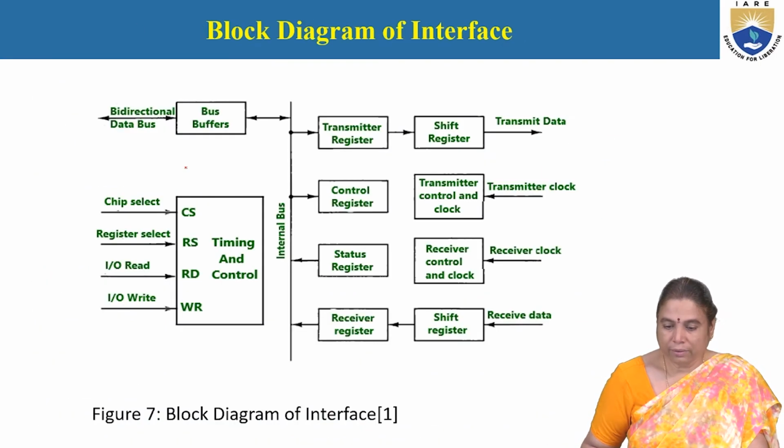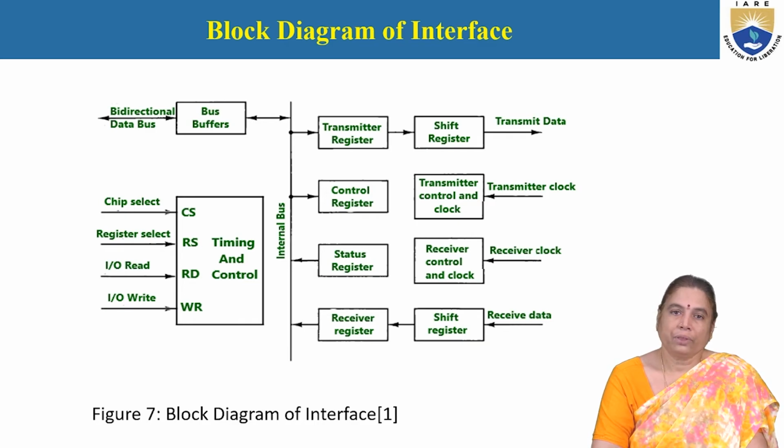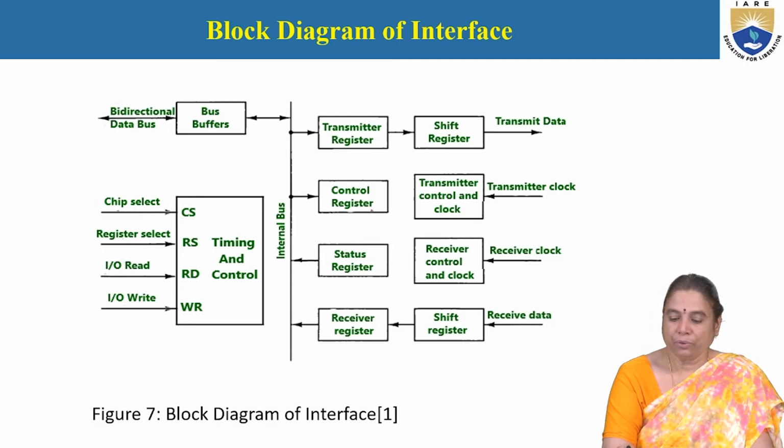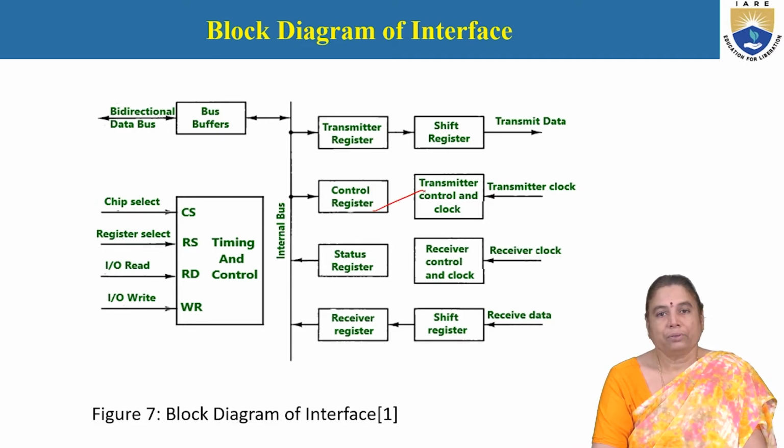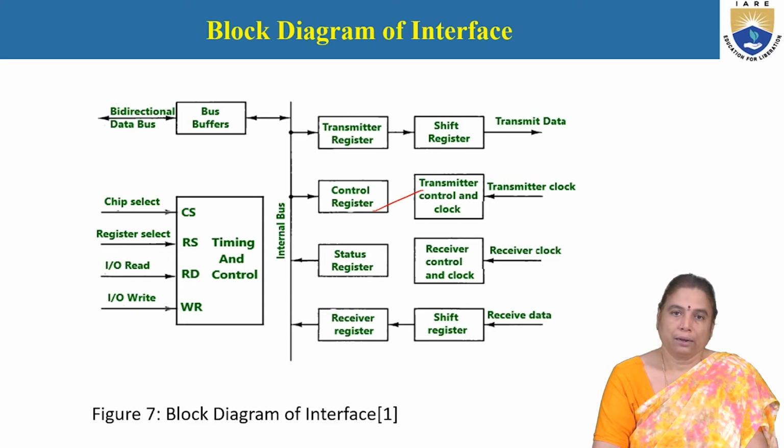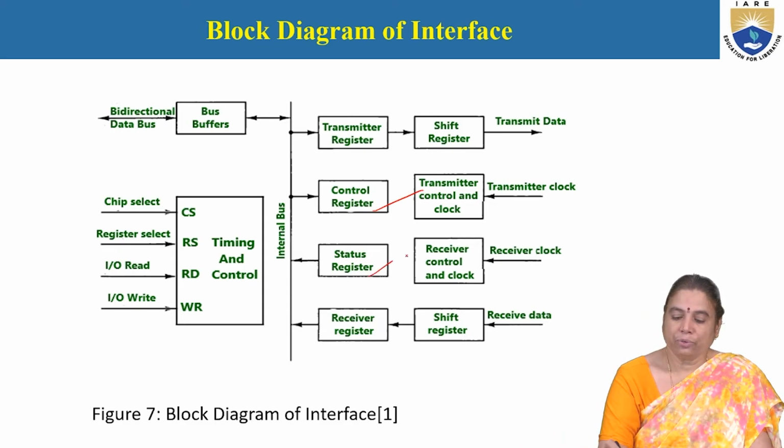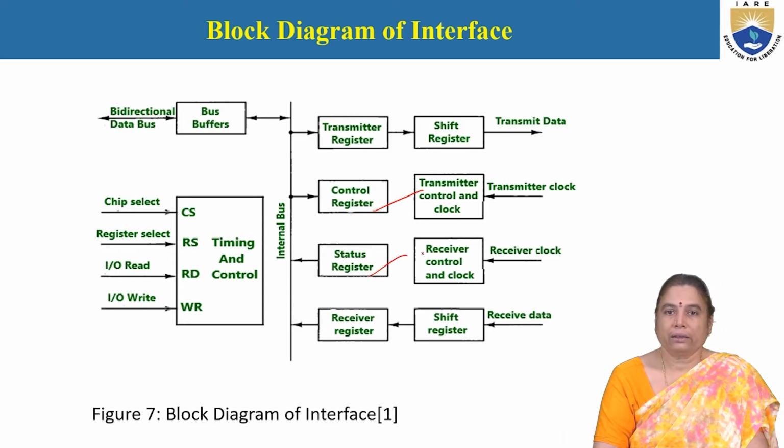So here, this is the block diagram of the asynchronous communication interface. The control register is used to check the control signal. The status register is used to check the status of the data transfer, whether it is completed or in process.